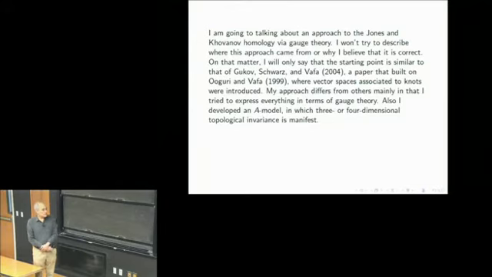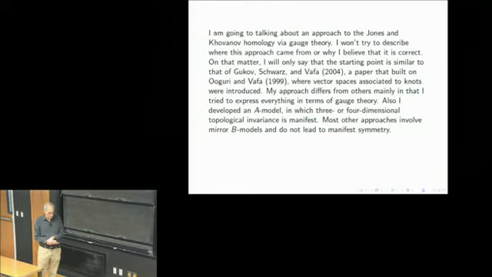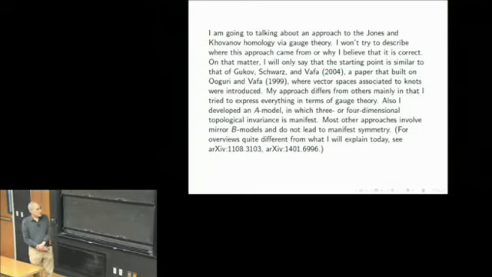And to do that, I developed an A model, whereas most approaches involve mirror B models and are very efficient for calculating, but do not lead to manifest symmetry. Now, as I say, there are a lot of things I'm not explaining, and some of those things are in previous talks that were written up and which you can find on the web.